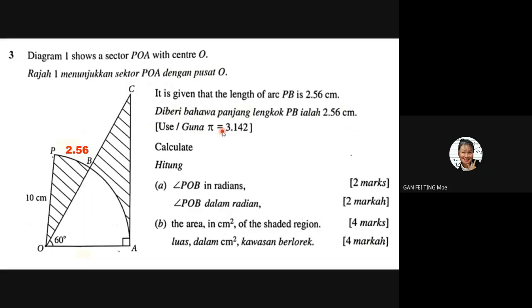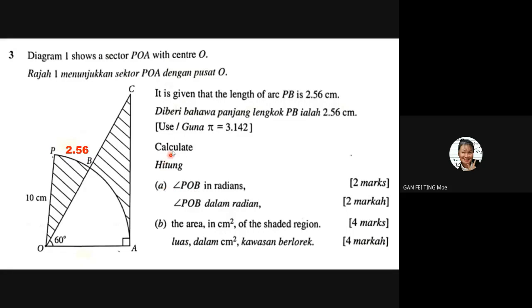Okay, PB is 2.56. Highlight ini, gunakan pi 3.142. Kerana kalau exam you tak gunakan pi yang diberi as 3.142, kamu akan hilang markah di bahagian jawapan akhir. Okay, so ini maklumat dia saya dah masukkan. I already key in the information into the diagram.